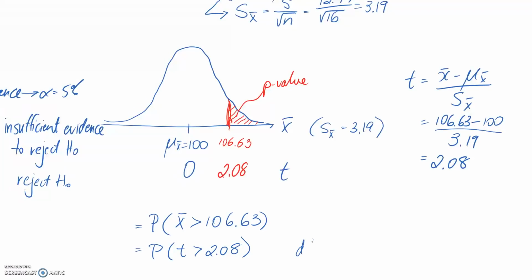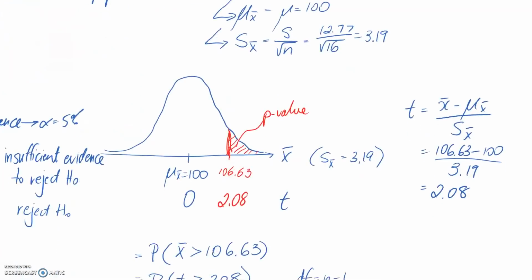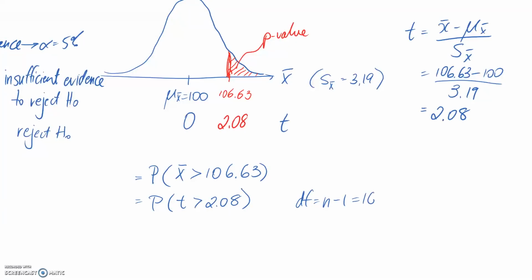There's an equation for it: degrees of freedom is equal to n minus 1, where n is the number in your sample. If you remember right back at the beginning, we said our sample contained 16 observations. So therefore, our number of degrees of freedom is 16 minus 1, or 15.